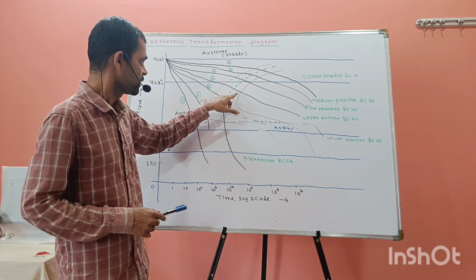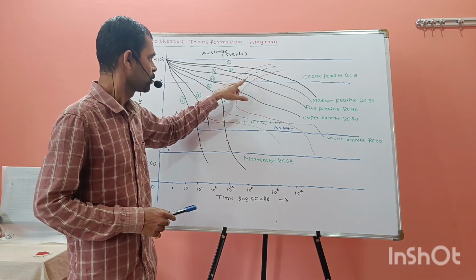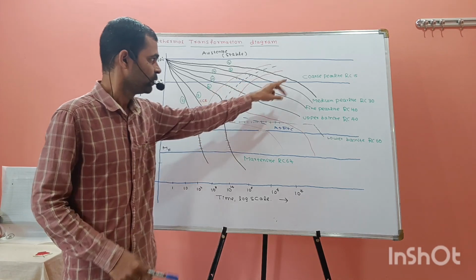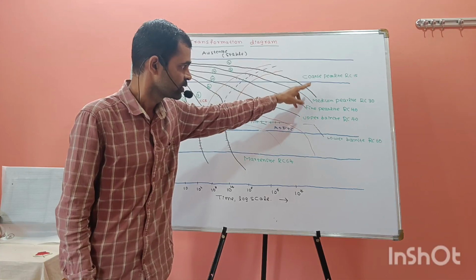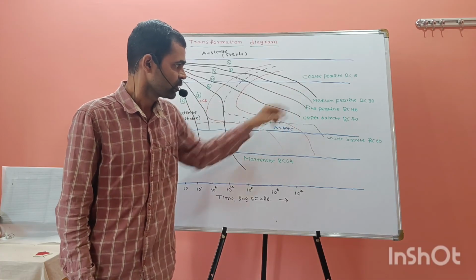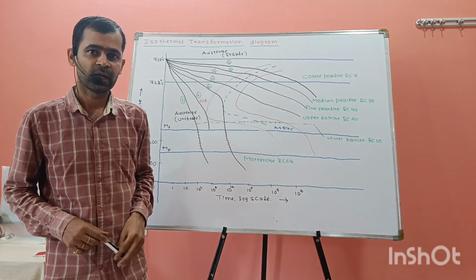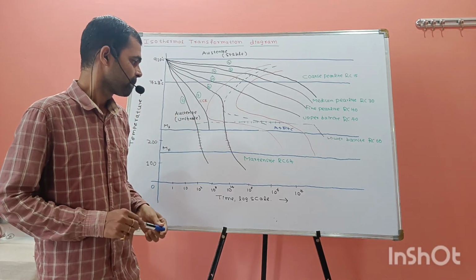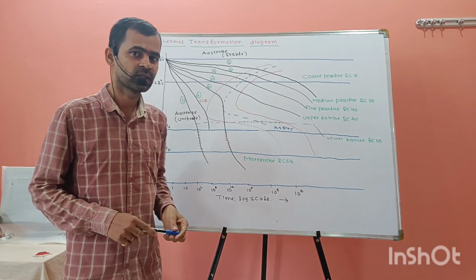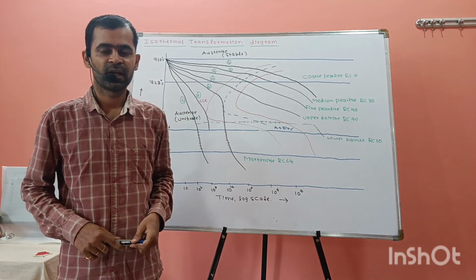This indicates the phase for different cooling curves, and these phases or materials will have different microstructures. So this is a brief about the isothermal transformation diagram.